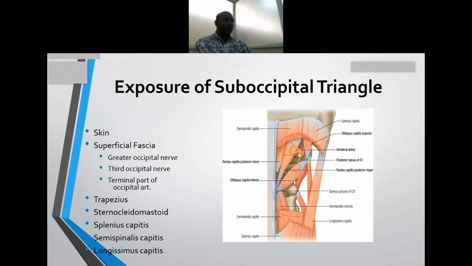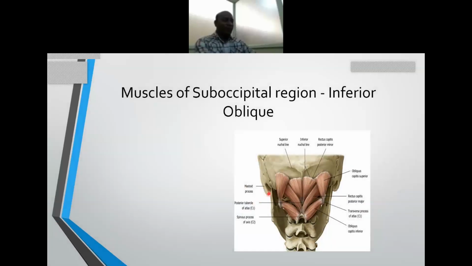So the suboccipital triangle is formed by these muscles: the rectus capitis posterior major, then the obliquus capitis inferior, then the obliquus capitis superior. Okay, so these muscles form the boundaries of the suboccipital triangle, and these muscles are arranged like this.